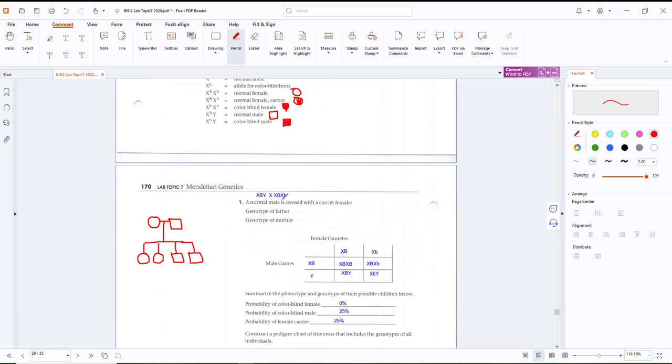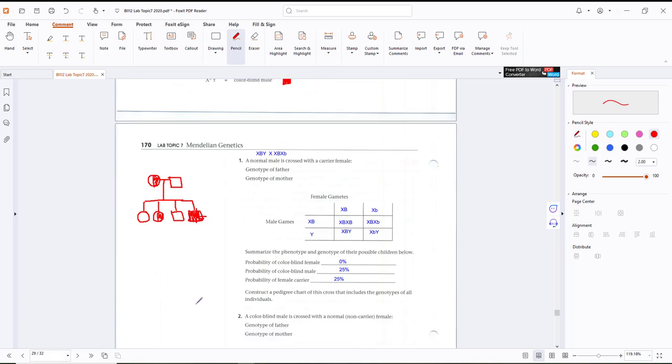Remember the mom is a carrier, so we shade her half. We have a female that's a non-carrier. We have a female that's a carrier, so she's shaded half. We have a male that's not a carrier and a male that has the condition. So he would be fully shaded. Okay, so that's how we would construct a pedigree with all the genotypes.